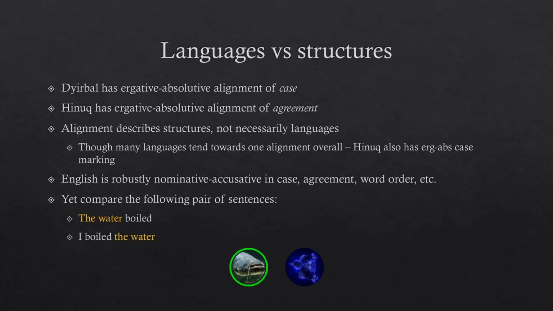Then if your subject comes before the verb, maybe your patient also comes before the verb if it's absolutive. So him see I, or something like that, where the patient comes before the verb to align with the subject. So it really is about the structure, not necessarily the language.